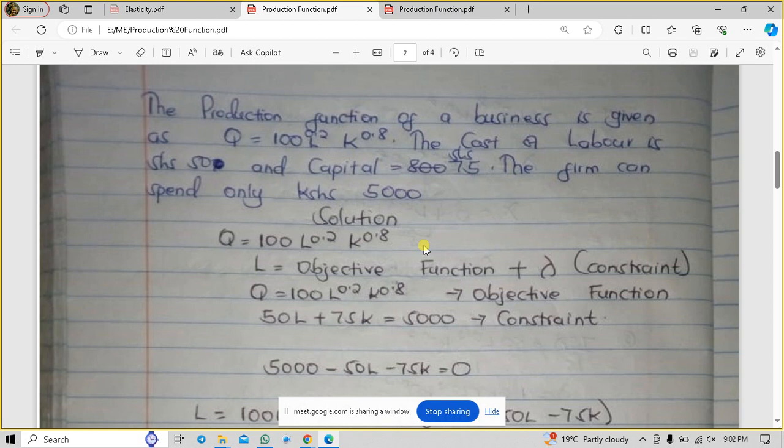So we write together. Q is equals to 200 L to the power 0.7, K to the power 0.3. Okay, let's go next. Next what do we write?